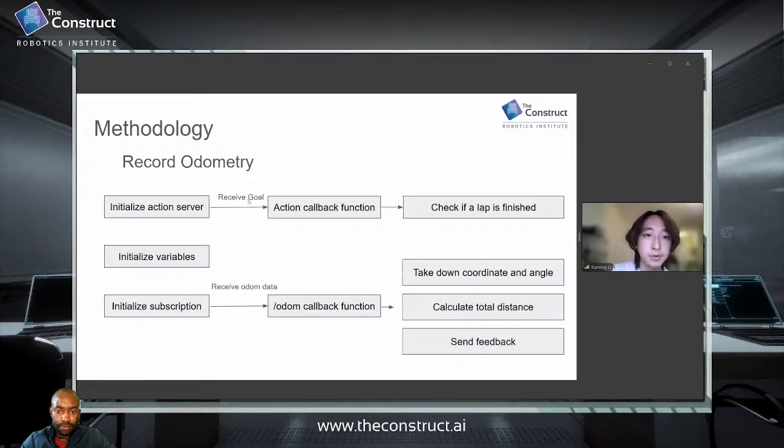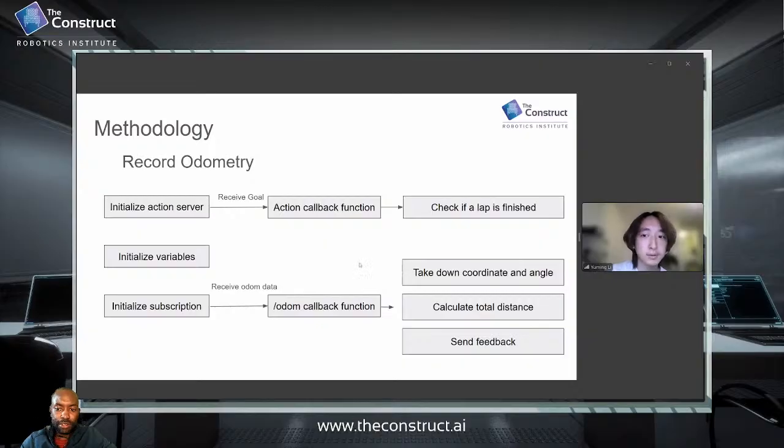After it receives the goal from the client, the action will be triggered and enter the callback function. The callback function consistently checks if a lap is finished by checking the x value and the y value compared to the starting point.